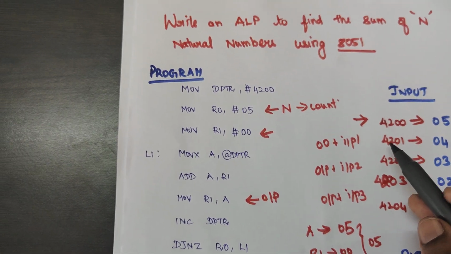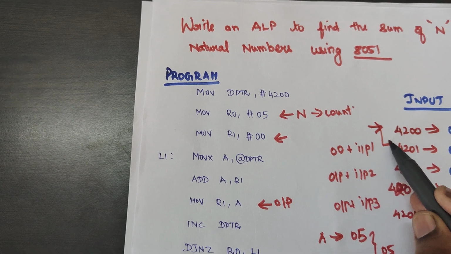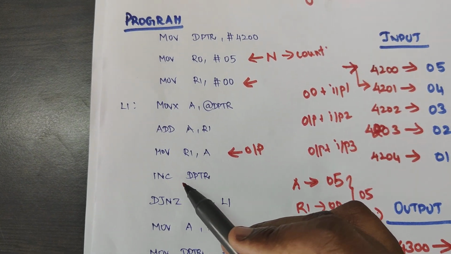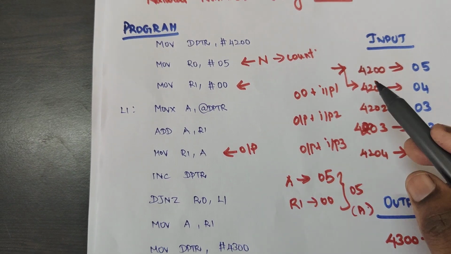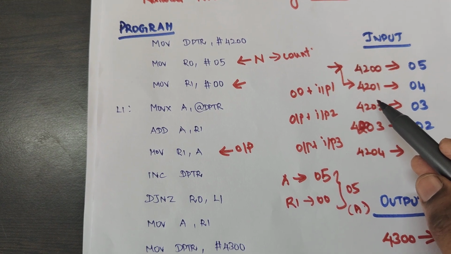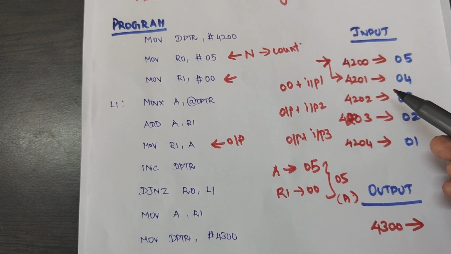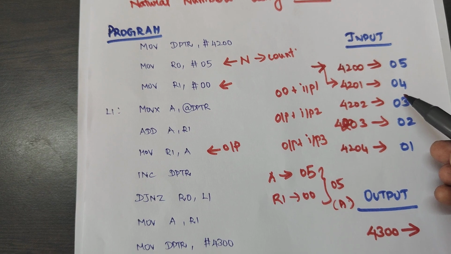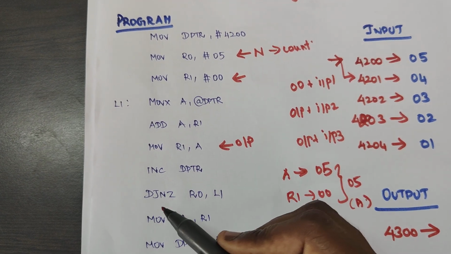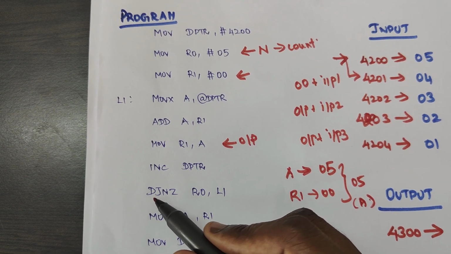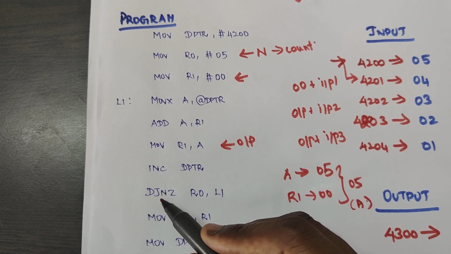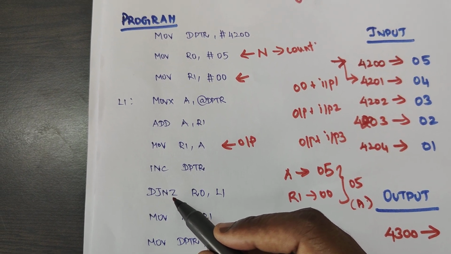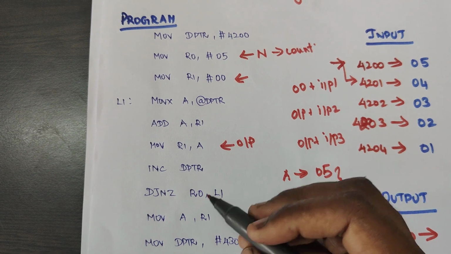With that I will add the next data 4. So I should increment my pointer to the next memory location. I will give the instruction increment DPTR. After this, the pointer will move to the memory location 4201, where we have the data 04. Now we are going to use decrement and jump if not zero. We decrement the value stored in R0.